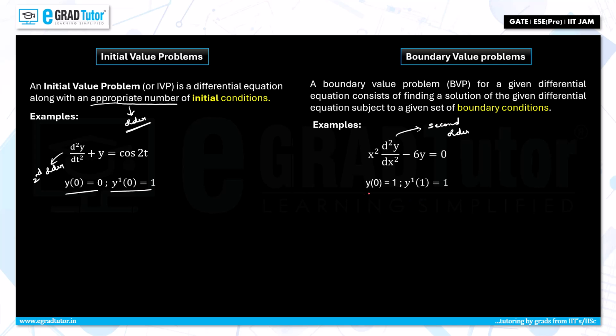You can have a combination also. You can have an initial value problem plus a boundary value problem. This is nothing but an initial boundary value problem, IBVP, where you will be having both initial condition plus boundary condition that will be given in the problem.